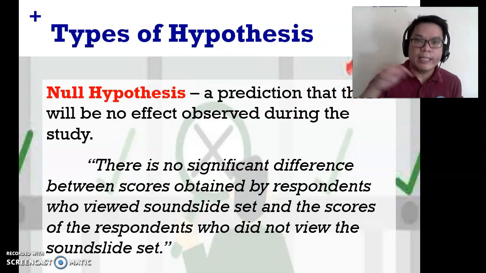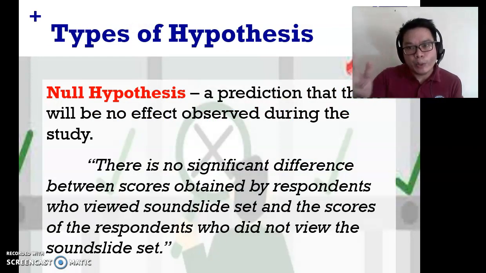As I have mentioned, there are 2 types of hypothesis. The first one is the null hypothesis. The only thing we have to remember in the null hypothesis is that our prediction will be no effect. We are predicting that there will be no effect in our research variables.